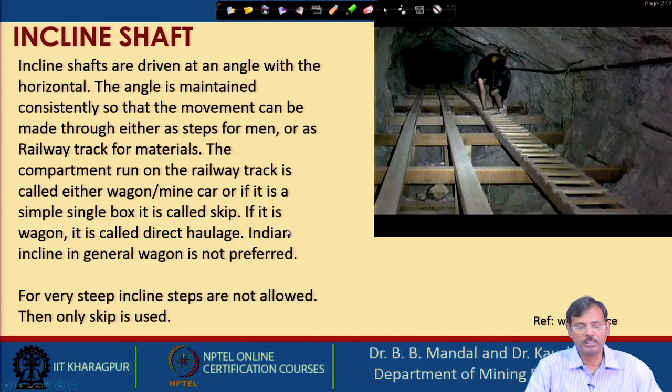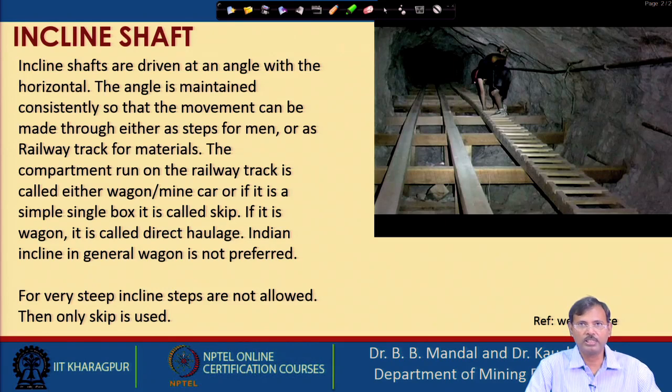So, first let us understand what an incline shaft is. Incline shafts are driven at an angle with the horizontal, and remember this angle has to be maintained. This is a consistent angle throughout the excavation of the shaft. The reason is that the transporting medium set in this incline will be hindered if the angle changes.